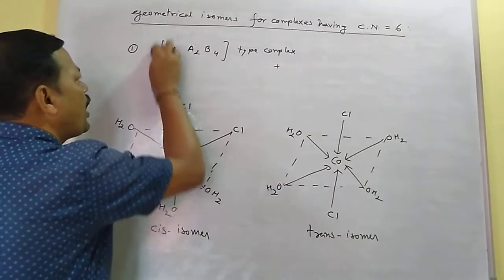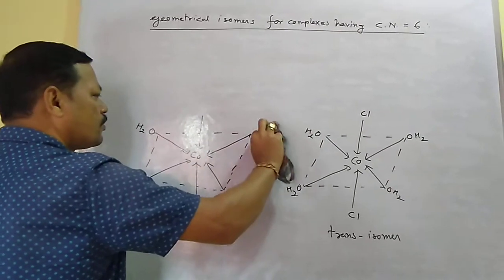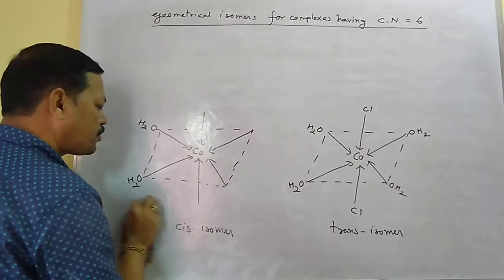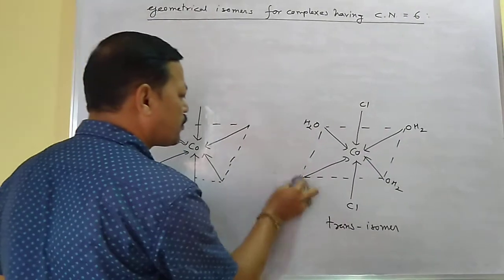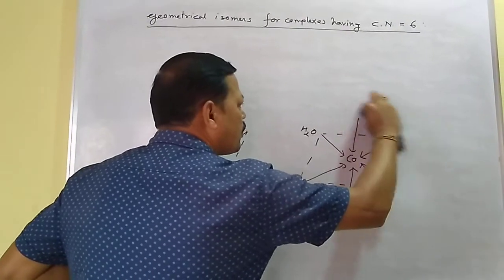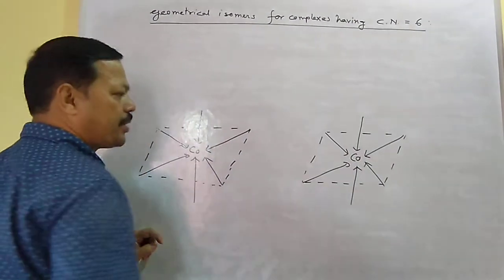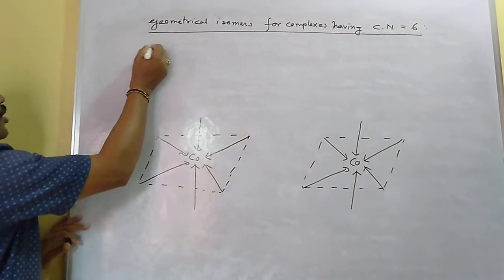Now I will take another example, another type of complex. This is one type of complex.